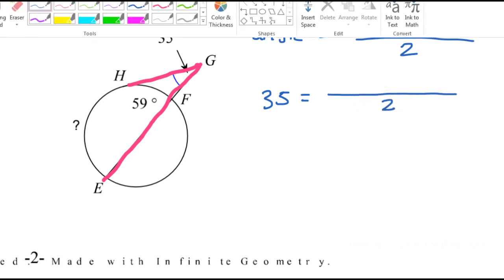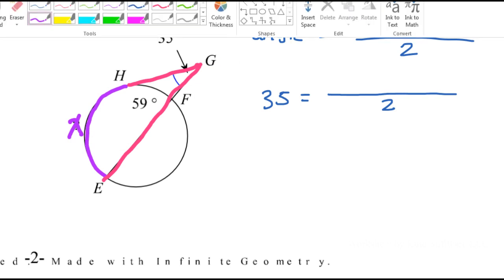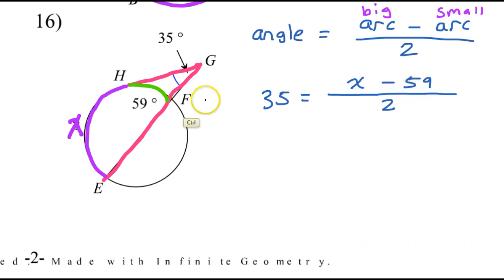Now, the big arc is this. That's the thing we're looking for, so we can call it x. And then the small arc is this. And that's 59. So we need to do the big arc minus the small arc, so that's going to be x minus 59. So that's the setup.